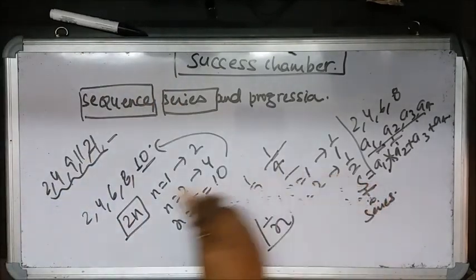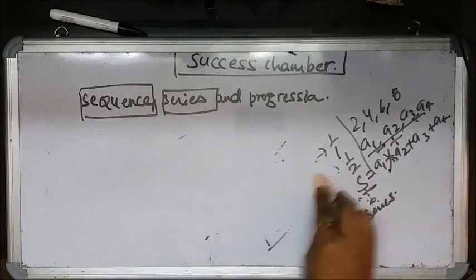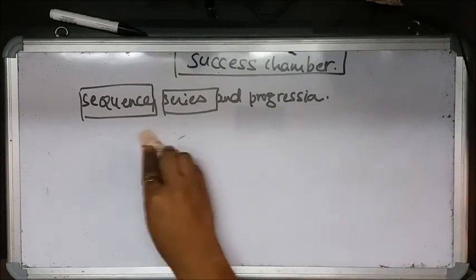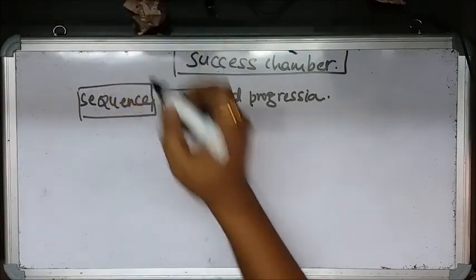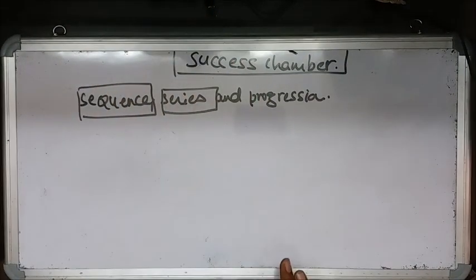Now moving on. What we have studied till now, we know that a sequence is a set of numbers which follow a particular rule. And here we have to study three kinds of sequence.